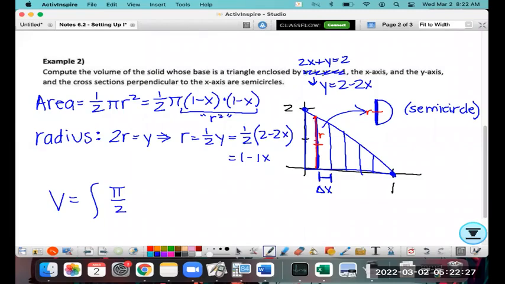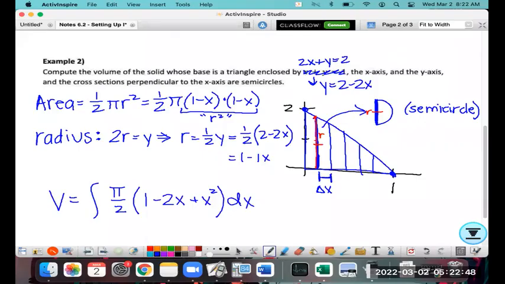And then multiplying the 1 minus x squareds out. 1 times 1 is 1. 1 times negative x is negative x. That happens twice, so that's negative 2x. And then negative x times negative x is plus x squared dx.